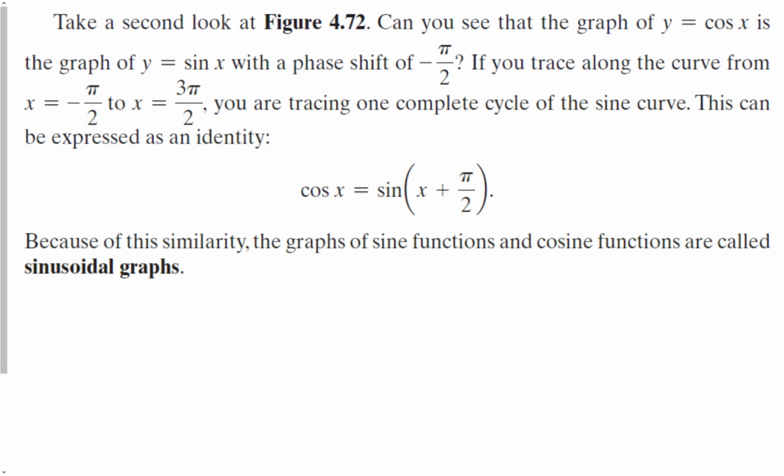Okay, and we just talked about this, that we can see that the graph of the cosine and the graph of the sine is the same if you put in a phase shift of -pi over 2. Because of this, the graphs of a sine and cosine function are both called sinusoidal graphs. Okay, so a cosine function is a sinusoidal graph.